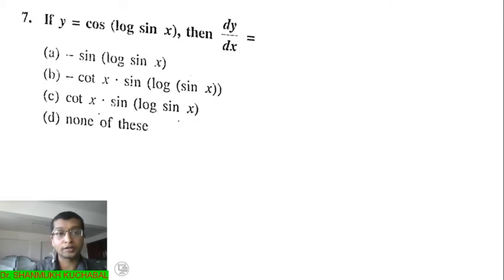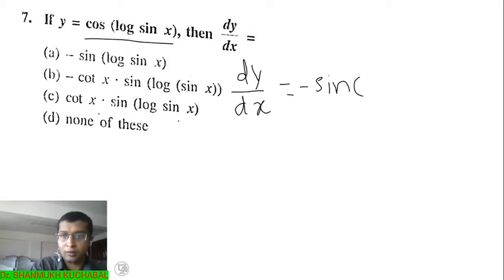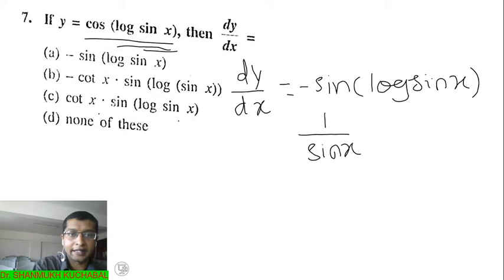y equal to cos of log of sin x, then find dy by dx. So we differentiate y, we get dy by dx. It is a composite function. The differentiation of cos is minus sine of log of sin x. Then log sin x differentiation is 1 divided by sin x, and sin x differentiation is cos x, which we write in the numerator.